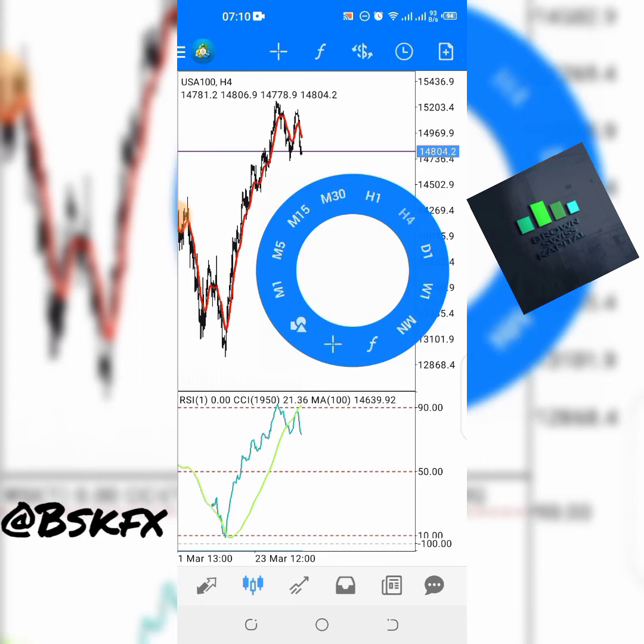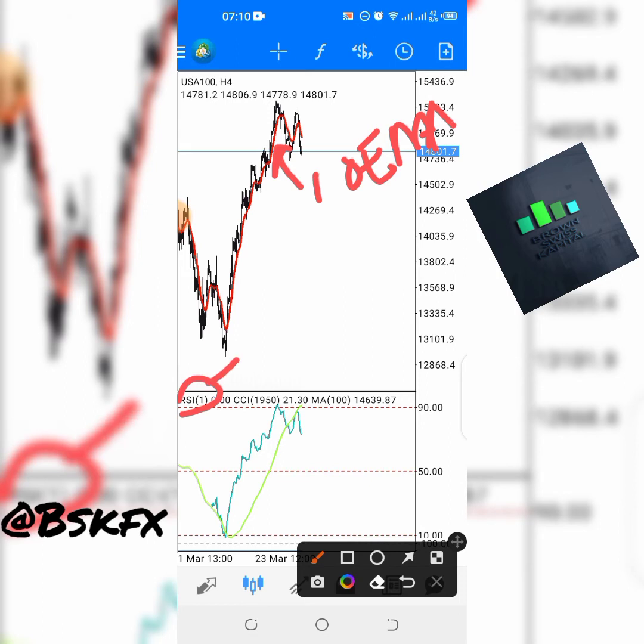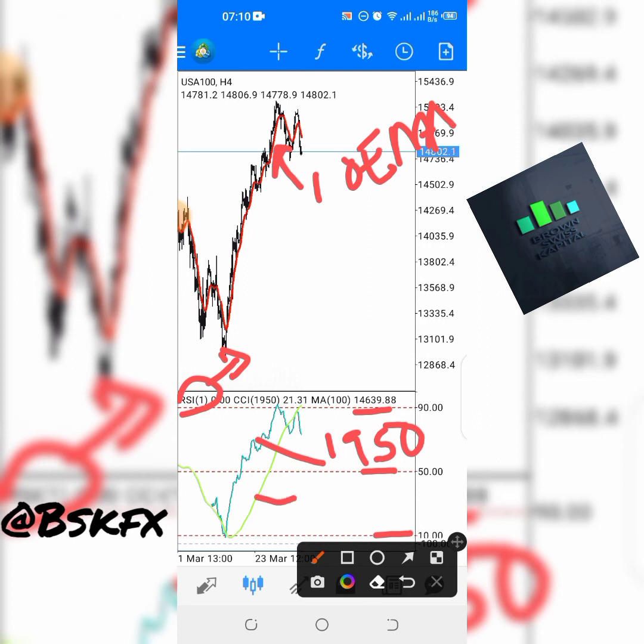So if you go through them, this red moving average is the 10 EMA, and this is RSI 1, the one with the red dotted line, 90, 50, and 10. This blue line is the CCI value 1950, and the green moving average is the EMA 100.